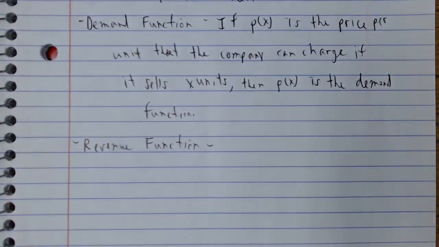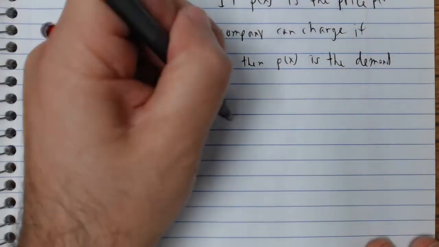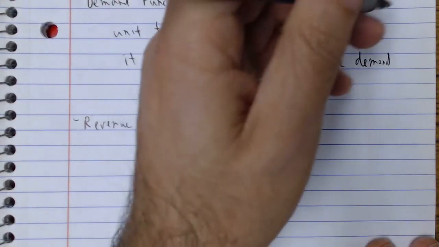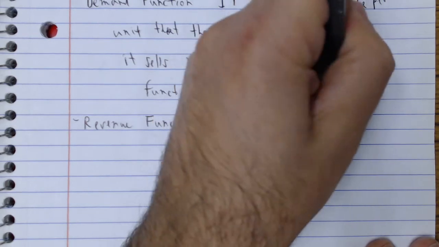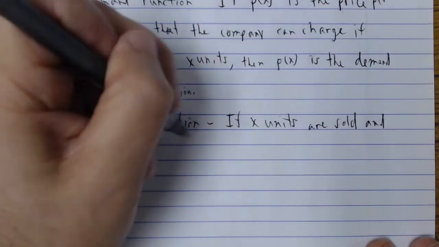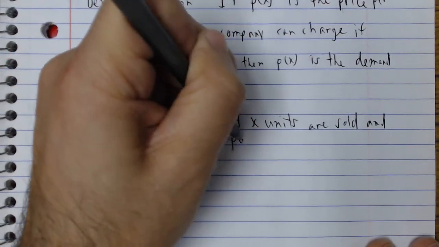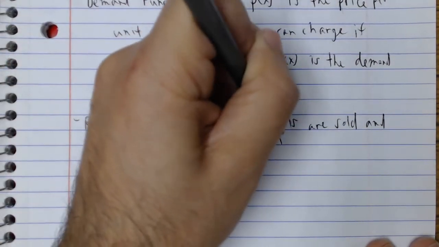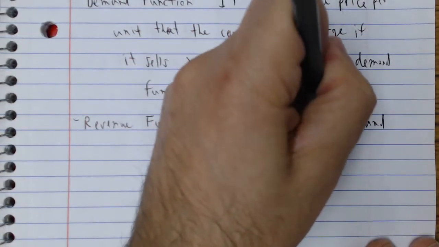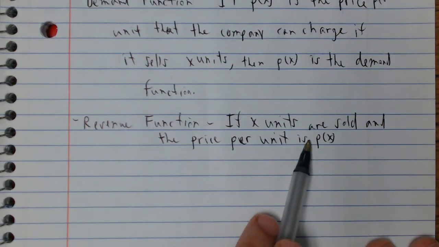So the revenue function, once again, is how much money you get in total. This is if X units are sold and the price per unit is P of X, which is what our demand function is, right? That's where we're getting the price from.